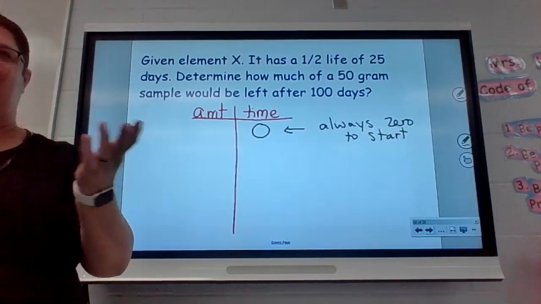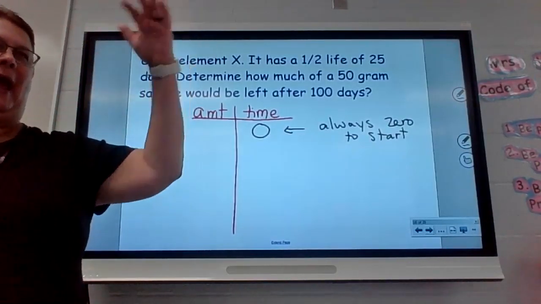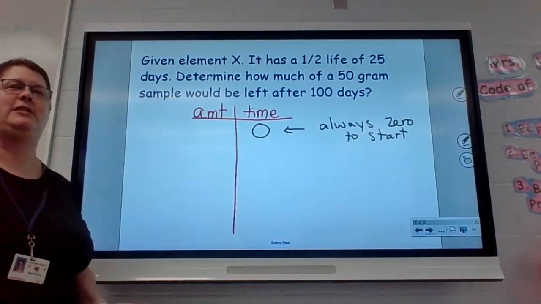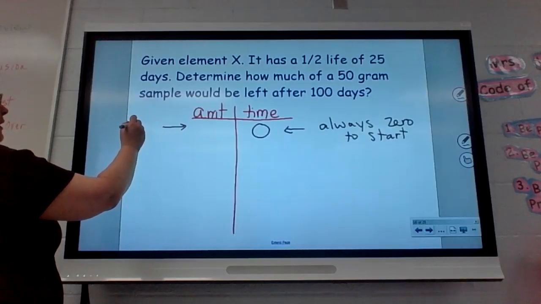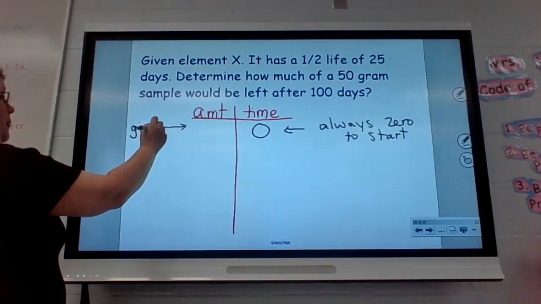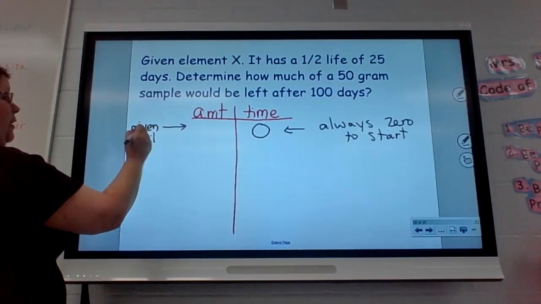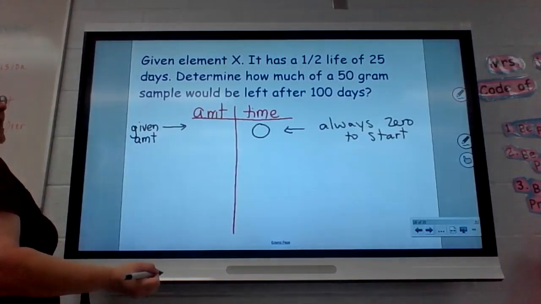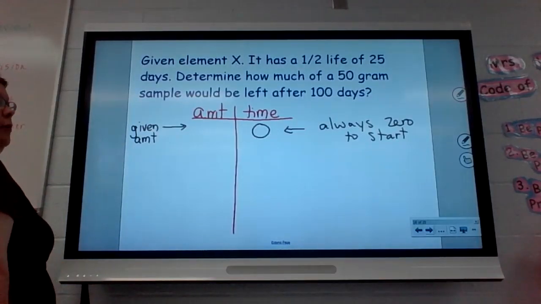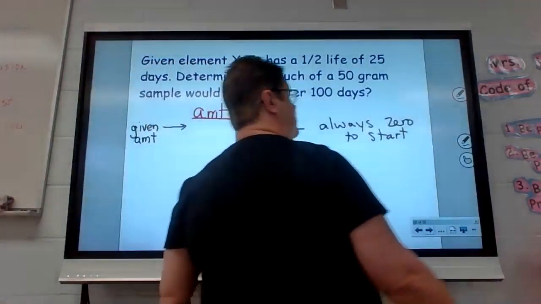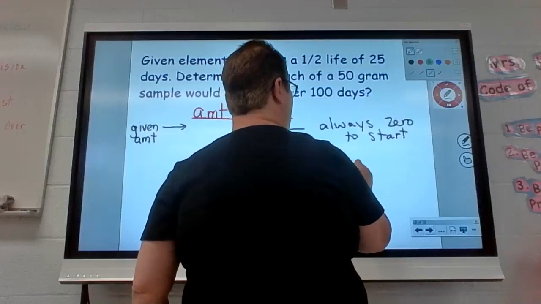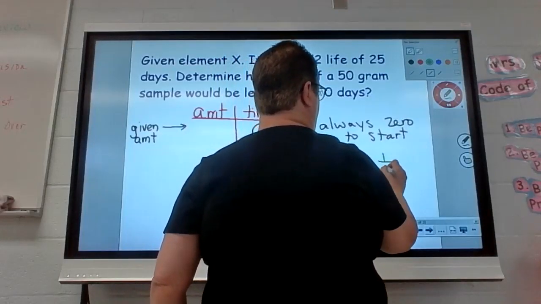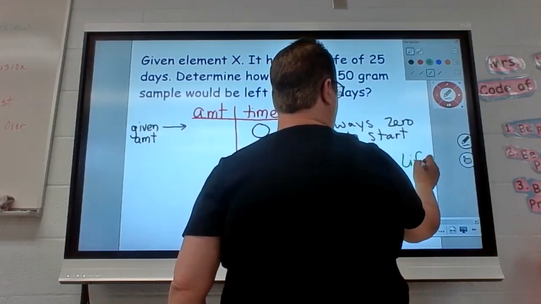All right? In the calendar, you're going to add the half-life. No time is ticked off. Here, you're going to put your given amount. So you got to read the problem to figure out what they gave you. So, to do this, you're going to add the half-life.